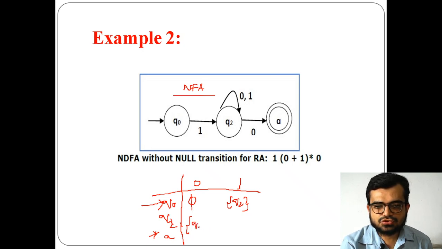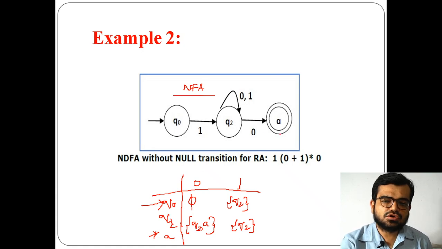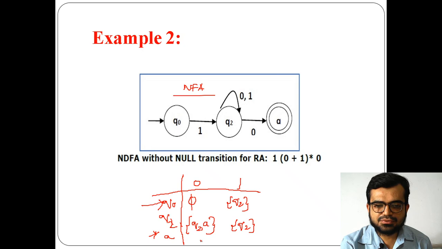Q2 comma A. And this Q2, upon receiving input 1, will go to the same state, that's why here also I am taking Q2. And for A, there is no input it receives, so phi, and here also it is phi.